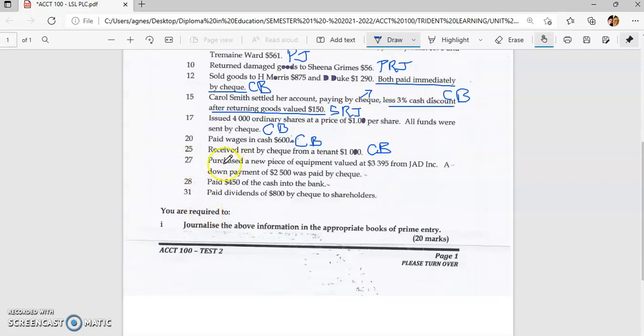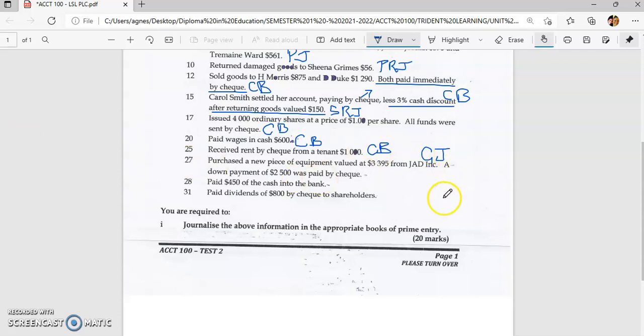On the 27th, purchase a new piece of equipment valued at $3,395 from JAD Inc. A down payment of $2,500 was made by check. So we are stating that since this is a new piece of equipment that is being purchased on credit, we are going to record this in the general journal.